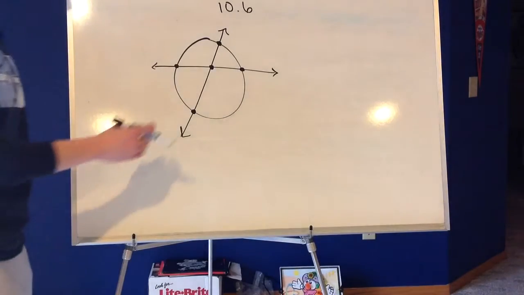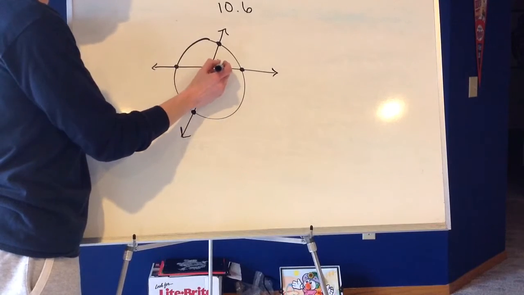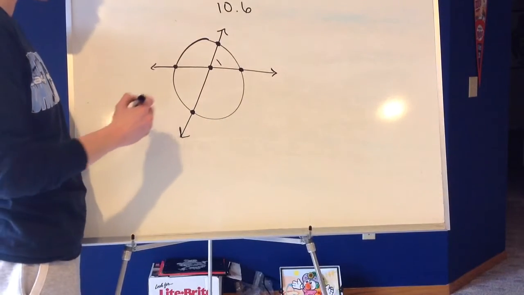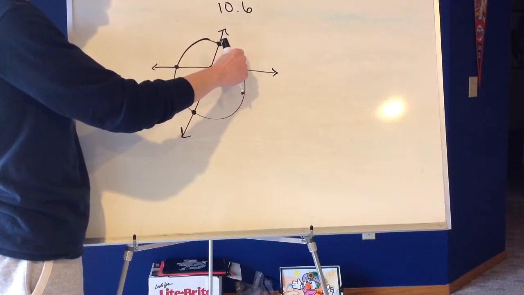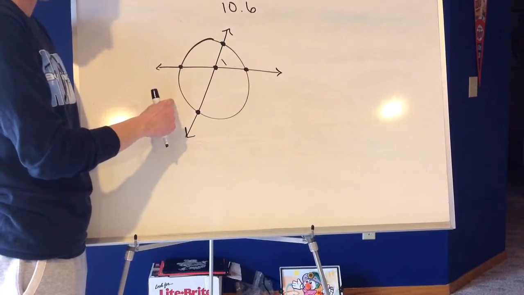Anytime you want to find the measure of the angle, let's call this one angle 1, what we want to do is find the average of its arc and its vertical angle's arc.